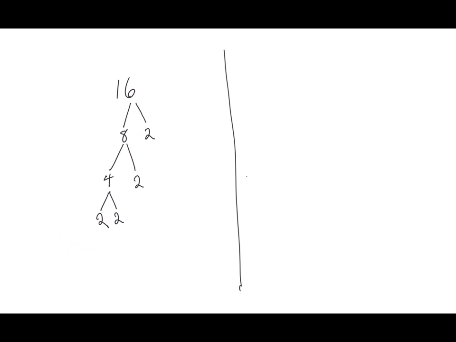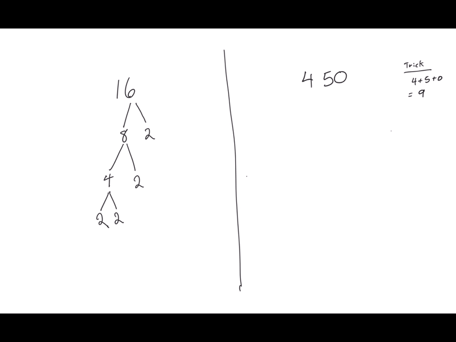Now, I'm going to give you another problem. Let's try 450. I could tell you right away that 450 is divisible by 3. This is just a trick. Basically just add up all the digits of our number, 4, 5, and 0.